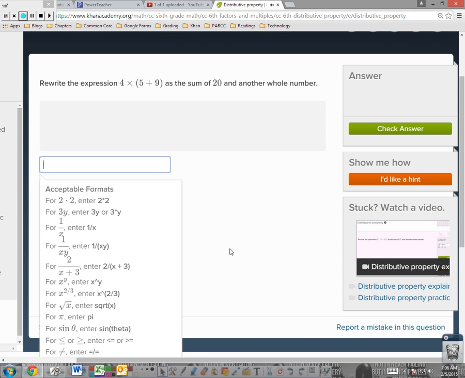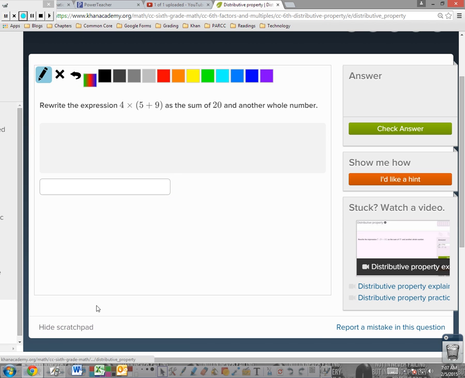Okay, rewrite the expression 4 times (5 plus 9) as a sum of 20 and another whole number. Well, let me rewrite what they gave me. They gave me 4, and I don't like to put the multiplication symbol there, 4 times (5 plus 9). First thing I notice is I use the distributive property. I'm going to multiply this 4 by everything inside the parentheses.